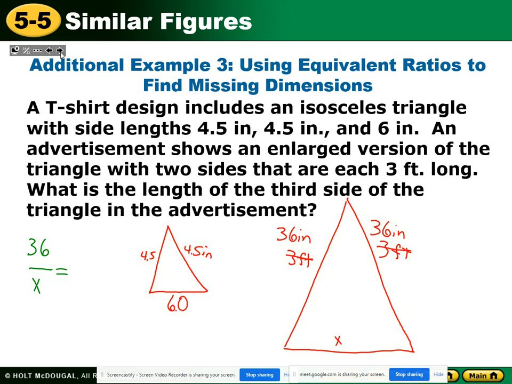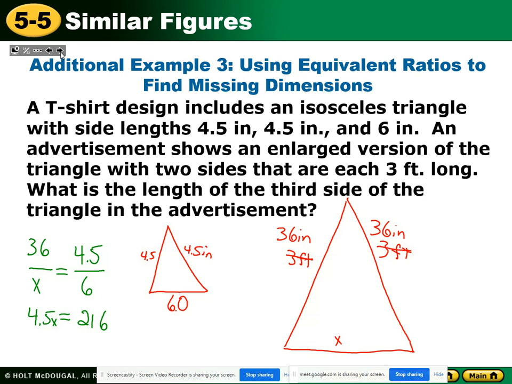And then 4.5 inches over 6. All right. So you got the bottom of the triangle, the bottom of the triangle. You got the side and the side. It could be either this side and that side, or that side, since those are the same, the isosceles there. Did he set it up well, Connor? Yep. All right. From there, we get 4.5 times X equals 6 times 36. That's 216.